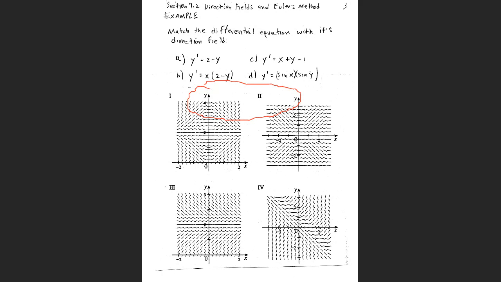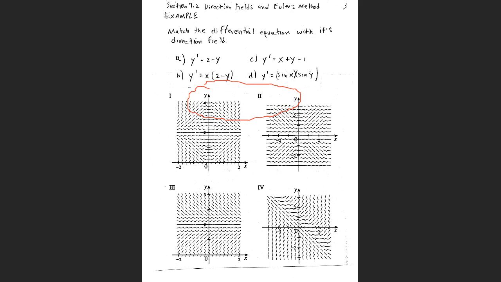what would be an interesting value for y in A? 2. Good. y equals 2. Now when y equals 2, what's y prime equal to? It equals 0. That's right, Nicole.